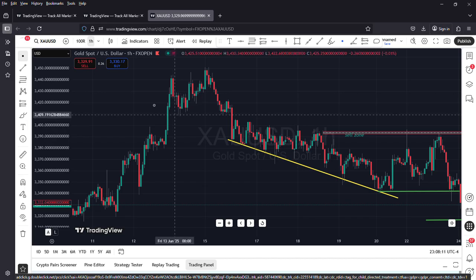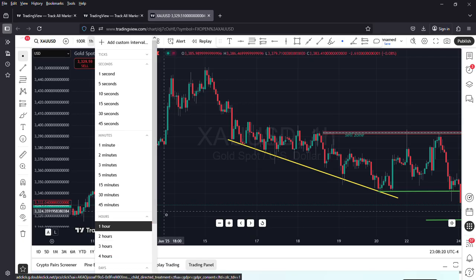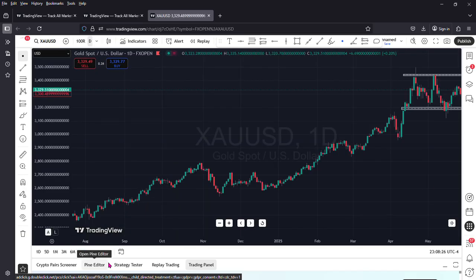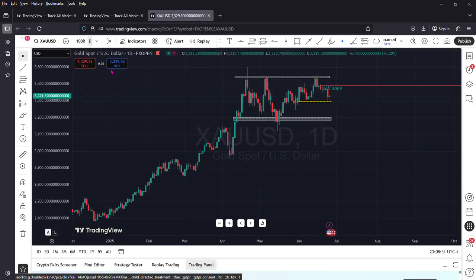Now, before we start trading or we come to our chart, we normally go to 4 hours to 1 day to see the general trend of the market. So in our 4 hours, 1 day time frame, in our daily time frame, we can see that the market is in a range.